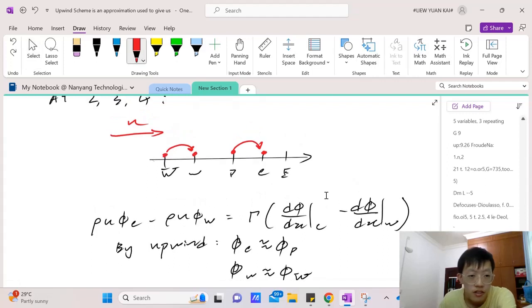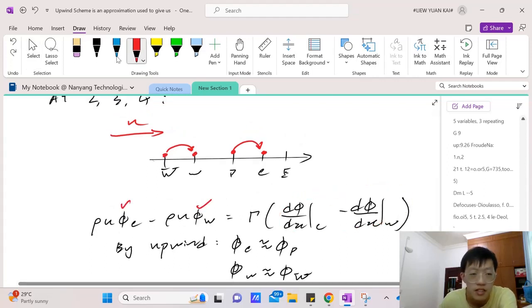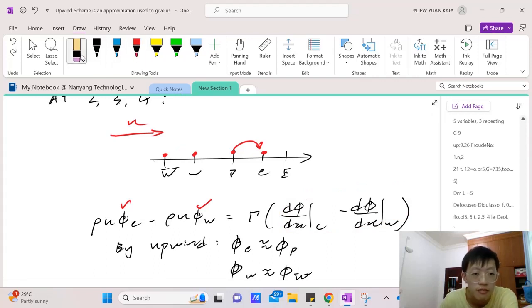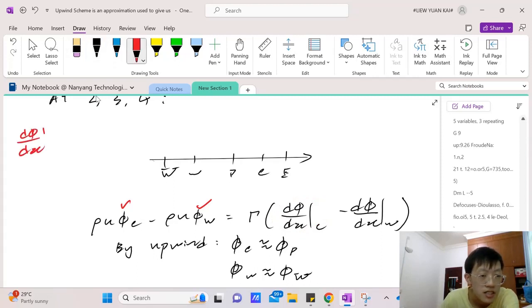Okay, so we already dealt with these two terms. Now we deal with this term. And this one is familiar to us, right? So we just use the central differencing scheme, which we are very familiar with by now. So we want to find this guy, d phi dx at e.